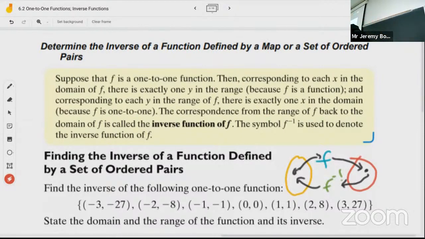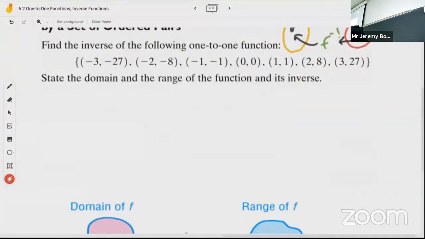Okay. So if we're given a function written as a set of ordered pairs, that means that our function maps -3 to -27, -2 to -8, -1 to -1, 0 to 0, 1 to 1, 2 to 8, and 3 to 27. What is the domain of that function?